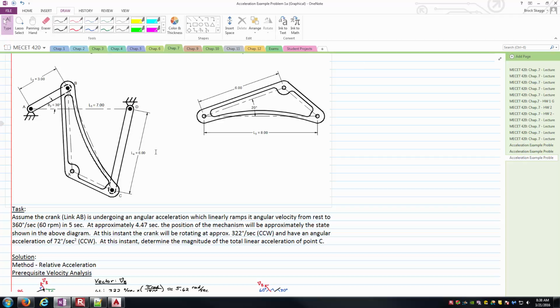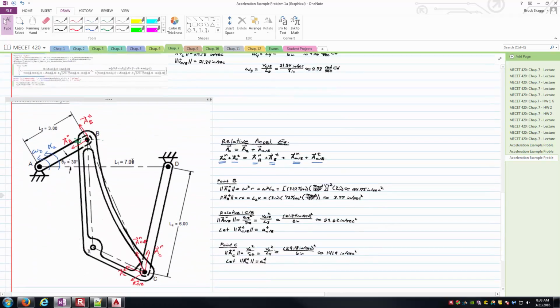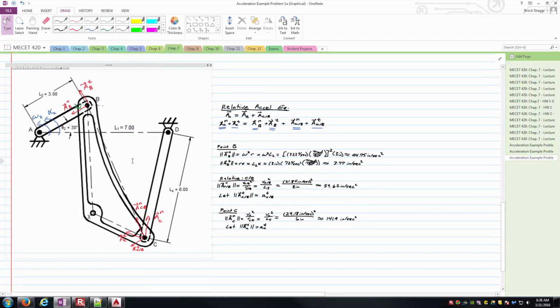At that instant, the angular velocity of the crank is 322 degrees per second, and the angular acceleration is 72 degrees per second squared. We've already worked through the velocity analysis, and I've already retained some of the information from the acceleration analysis because it's going to be shared between the graphical and the analytical problems.